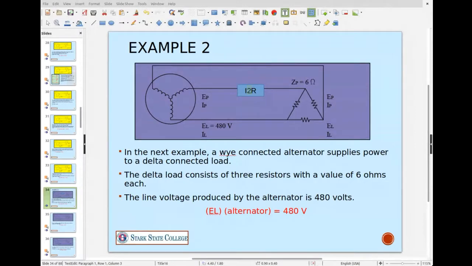So if, using a transformer, we step up our voltages and make those higher, then these losses get smaller.